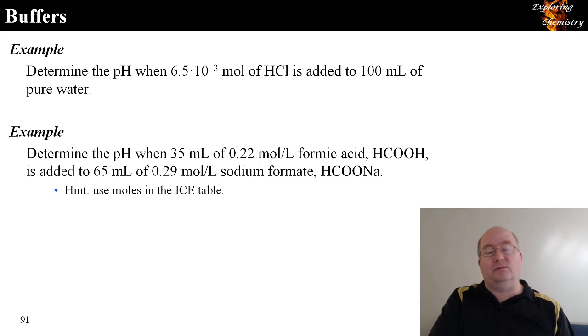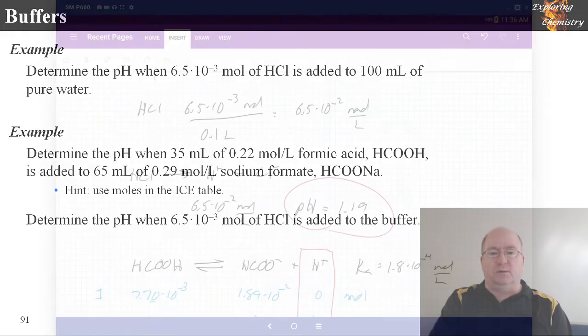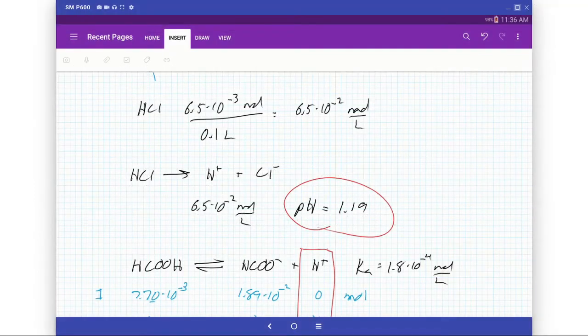We used moles in the ice table, and we're going to be doing more of that in the next couple of days as well. The one thing we didn't get to do was to determine the pH when we added that same amount of acid now to the buffer. So let's go do that and follow our notes.